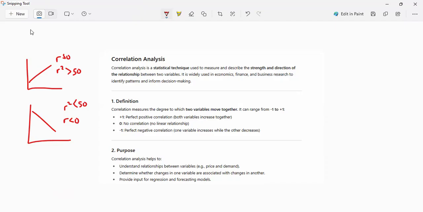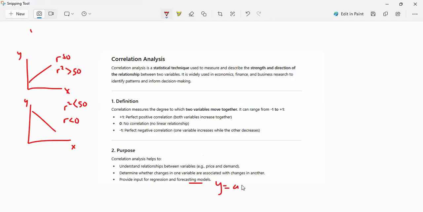So relationships can come in these two forms. So we have correlation analysis with the purposes of determining the relationship between two variables, the price and the demand, the X and the Y. So that is the use of the correlation analysis. It is also used to input the regression for forecasting purposes, where Y is equal to what?